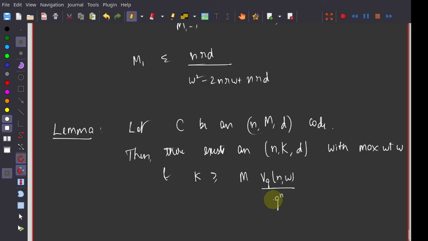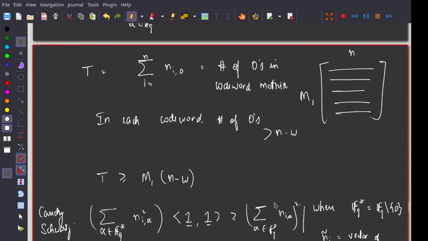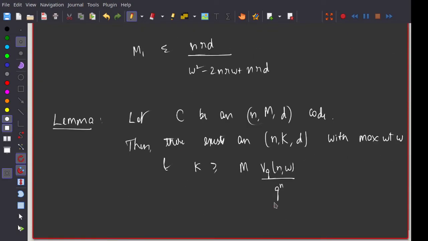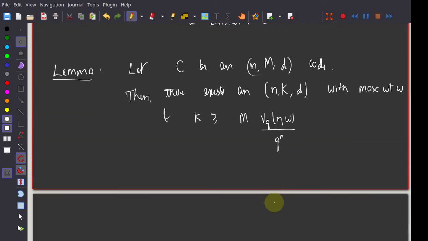So given any n, M, d code, you can construct an n, K, d code. I'm not saying that this is exactly a subcode of the original. It turns out that it's going to be obtained by taking a subcode and shifting it so that the center is equal to 0. Right? So what does it say? So I have this code, right?